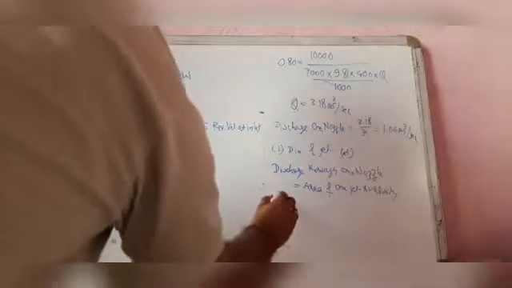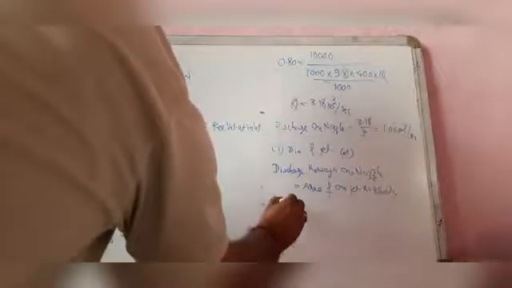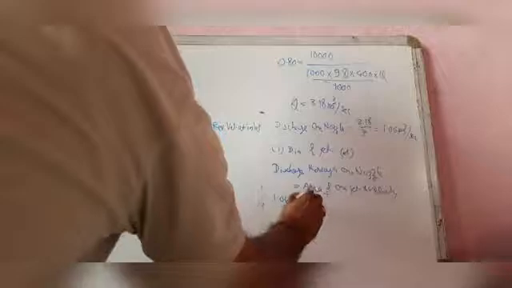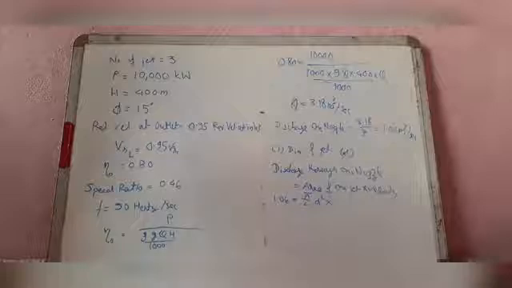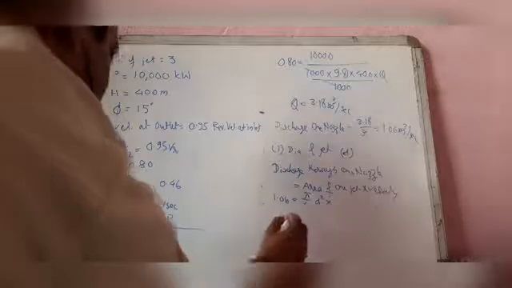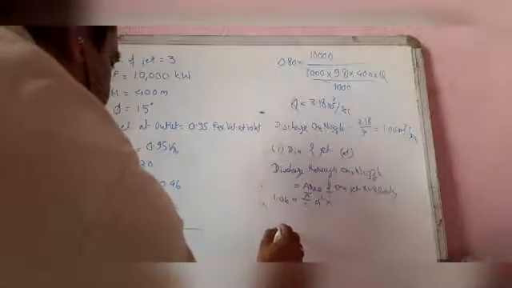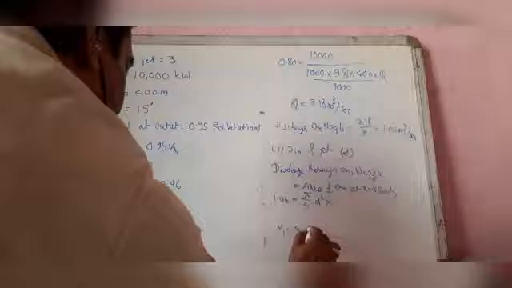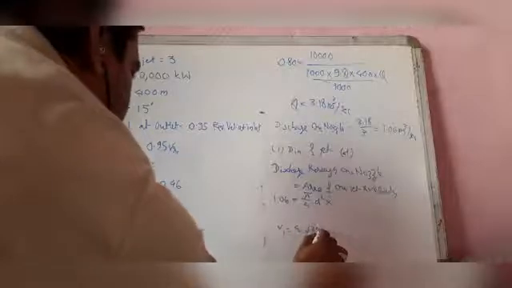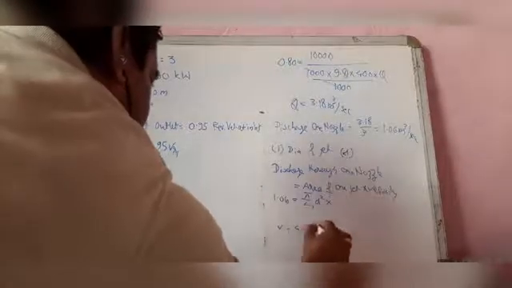So discharge 1.06, area pi by 4 d square into velocity. For finding the velocity, V1 equal to Cv root 2gh.